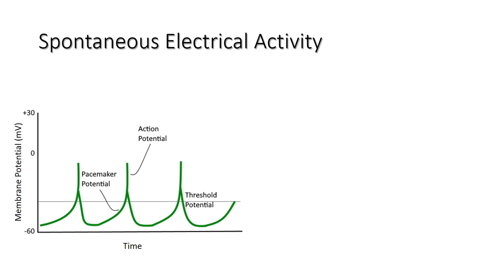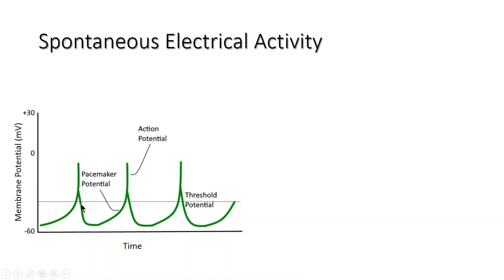Some types of smooth muscle cells generate action potentials spontaneously and in the absence of any neural or hormonal input. The plasma membranes of such cells do not maintain a continuous resting membrane potential. Instead, they gradually depolarize until they reach the threshold potential and produce an action potential.